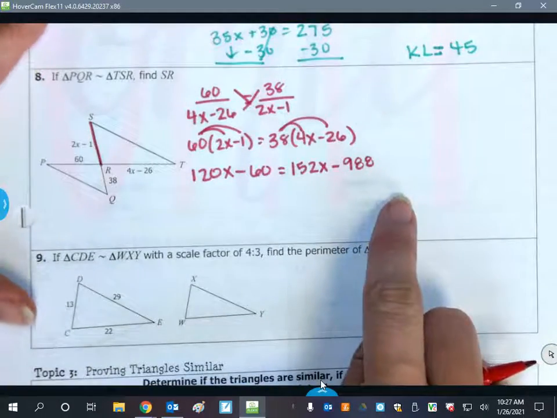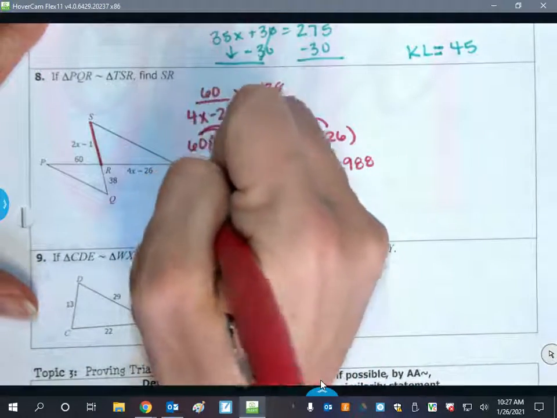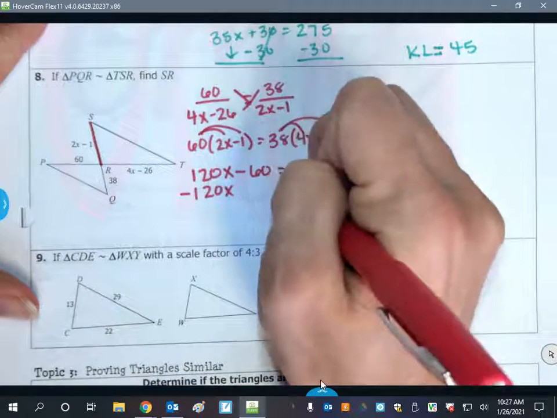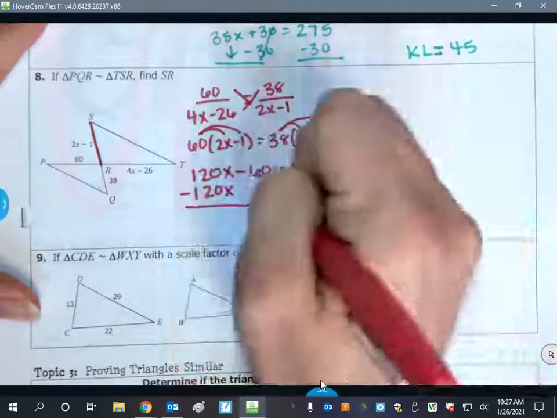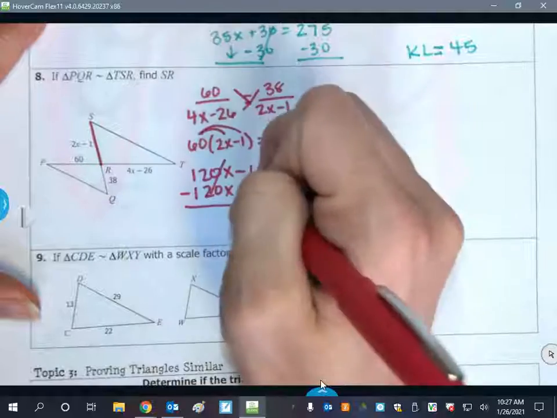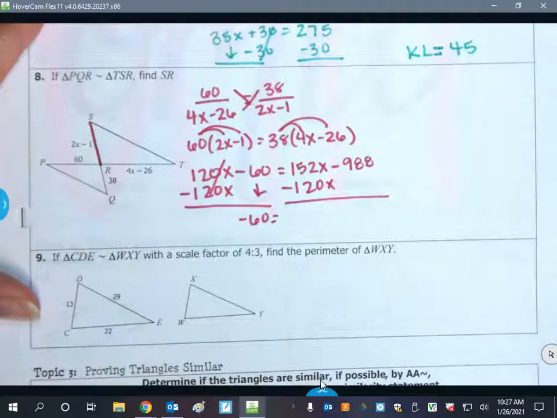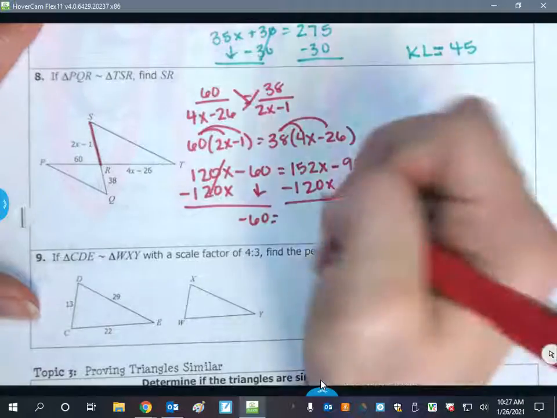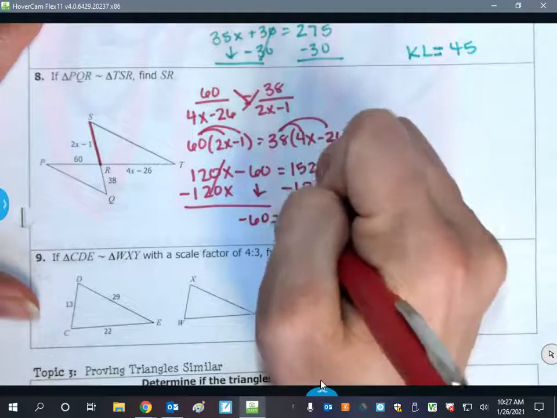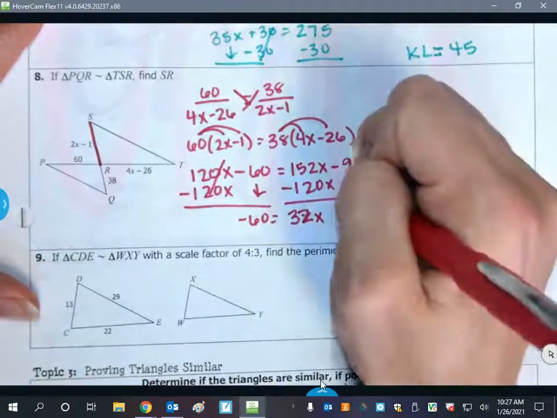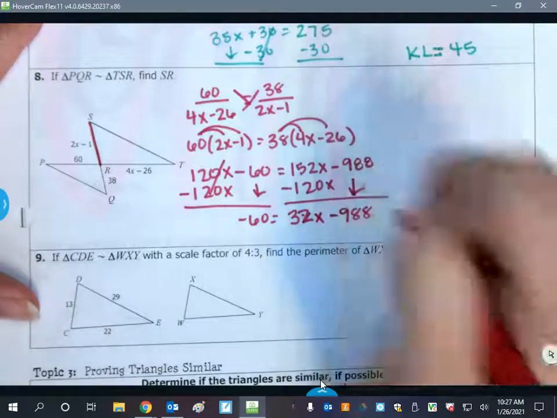All right. I always move my smaller x, so I'm going to move my 120x by subtraction. So I subtract 120x from both sides. My negative 60 comes down. 152 minus 120 is 32x. And my minus 988 comes down.